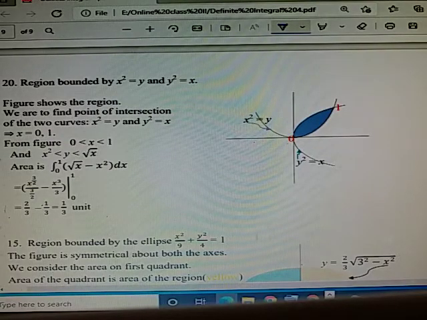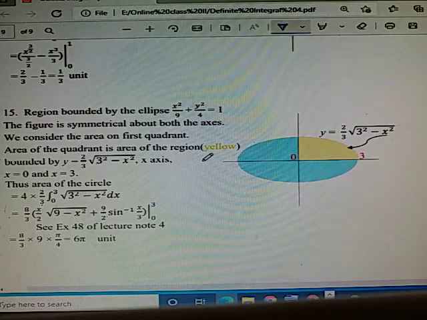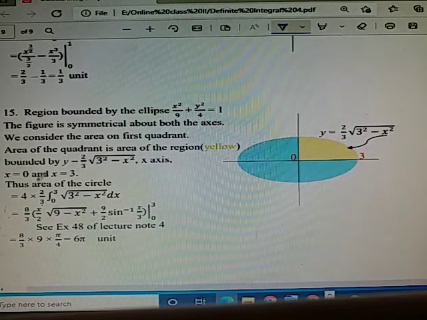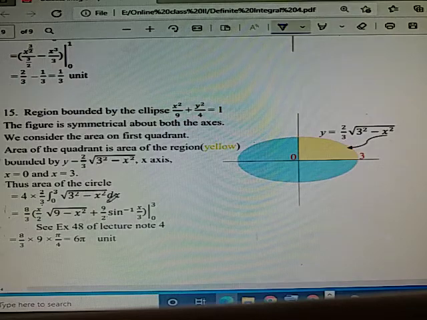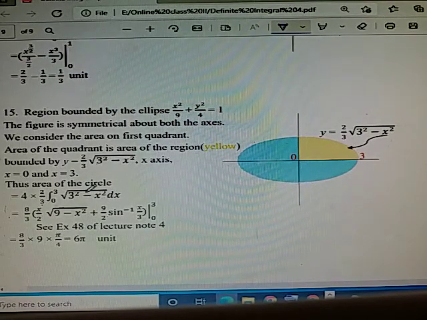And number 15. The figure is symmetrical about both the axes. So this is an ellipse. Thus the area of the circle from 0 to 3, the region bounded by this one.